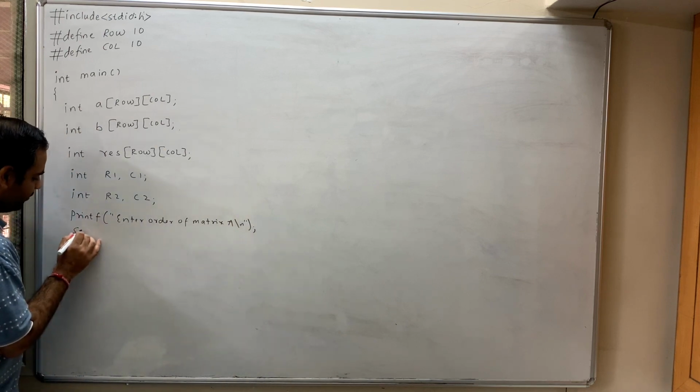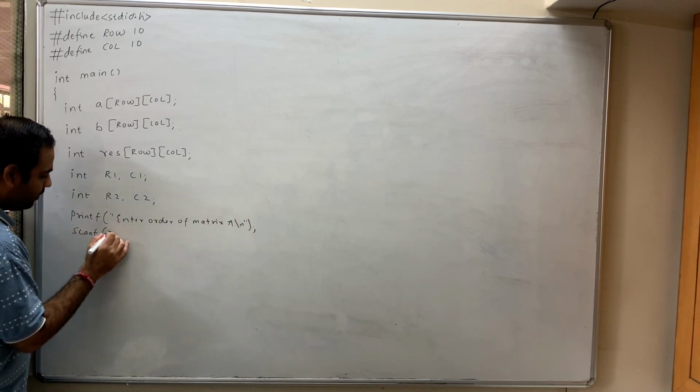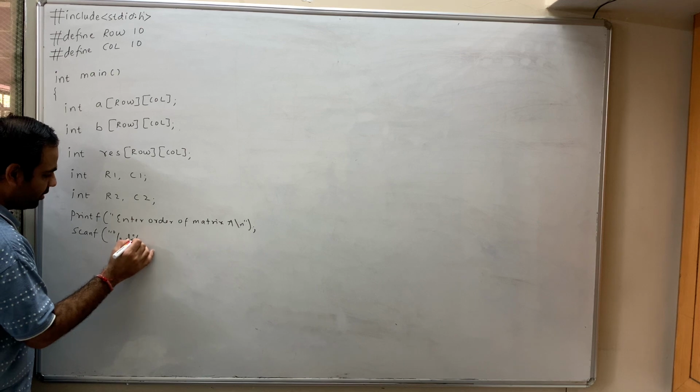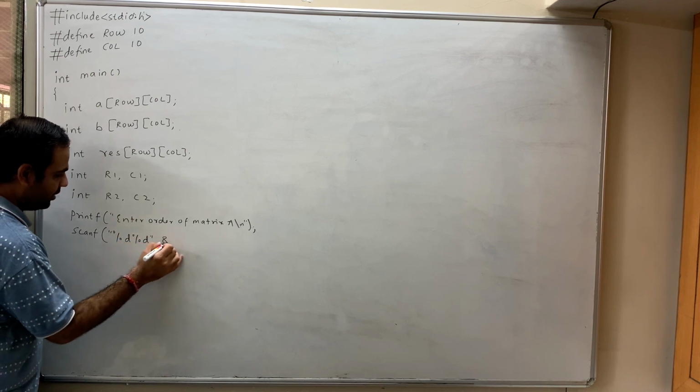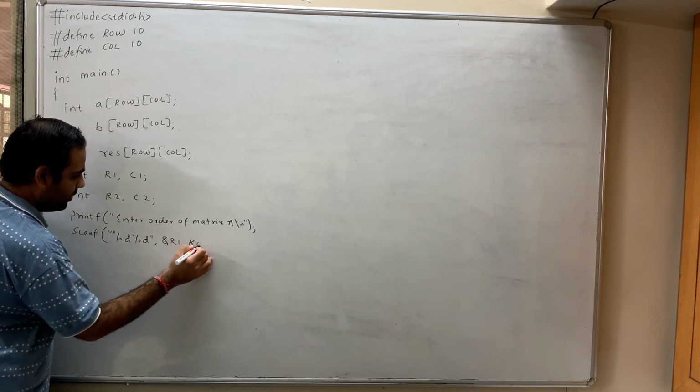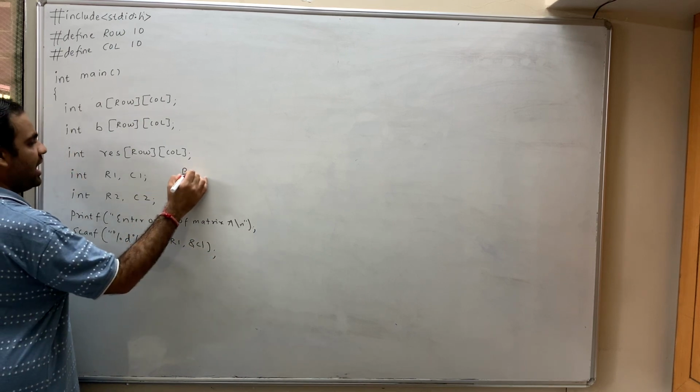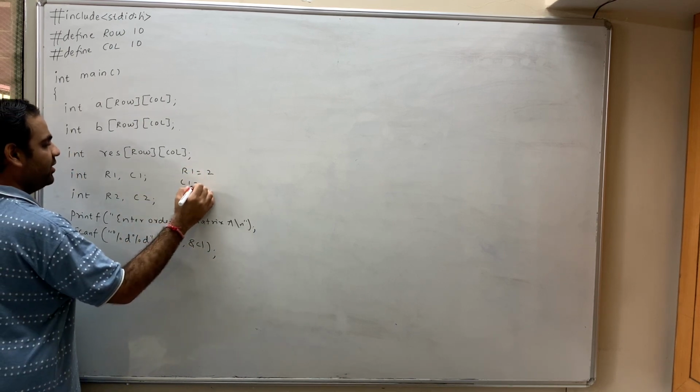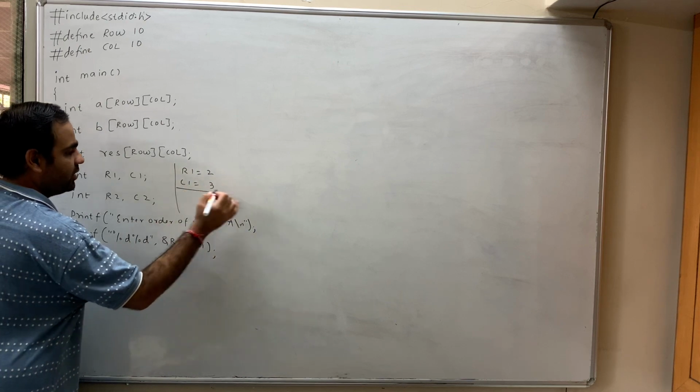And how do we read it? We say scanf %d ampersand R1 comma ampersand C1. Let me say R1 is equal to 2, C1 is equal to 3.